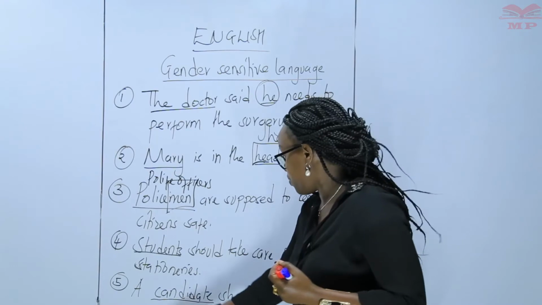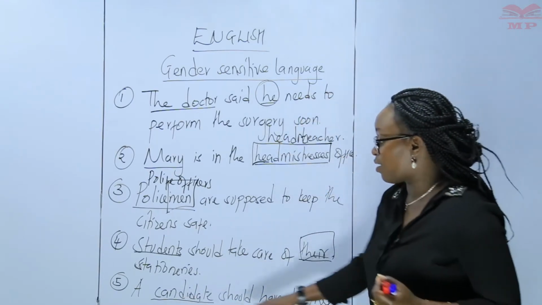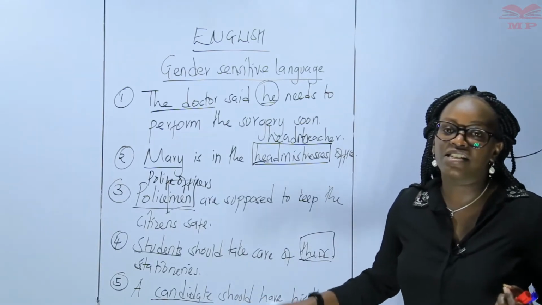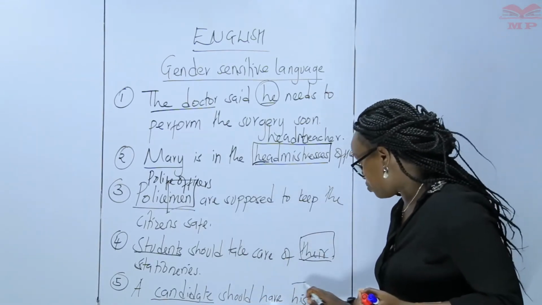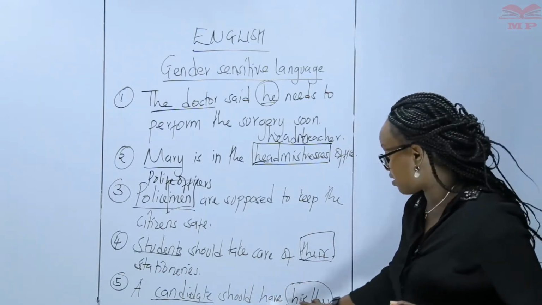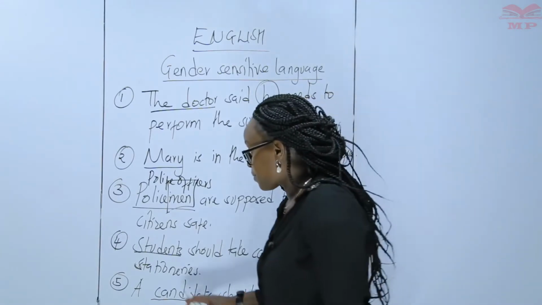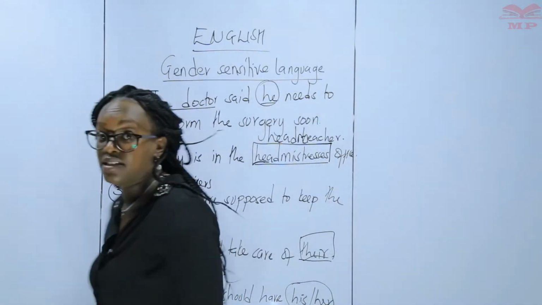So when you use a word like candidate, it is mandatory that you look for a pronoun that is actually gender sensitive or actually make use of the two pronouns to signify the person that you are talking about could be of either of these two genders. So that sentence is actually gender sensitive.